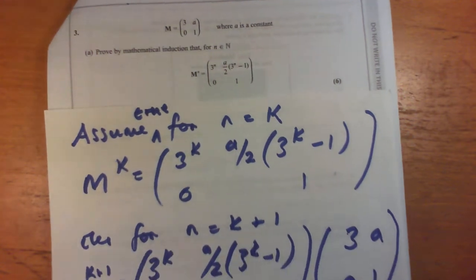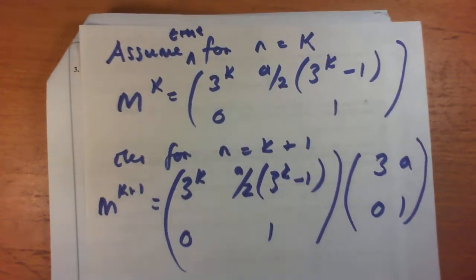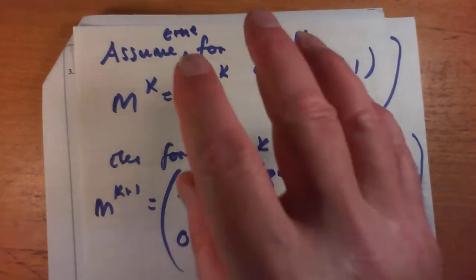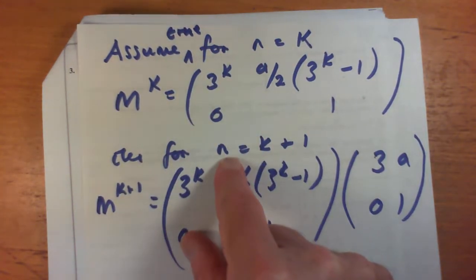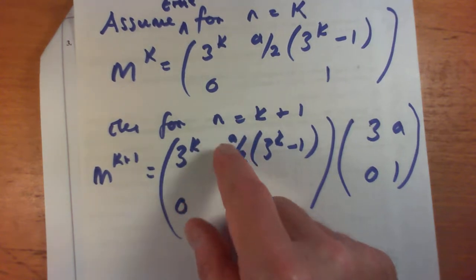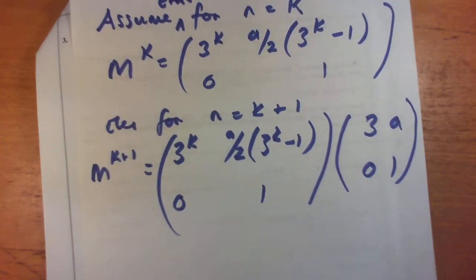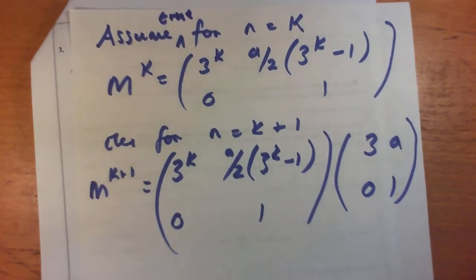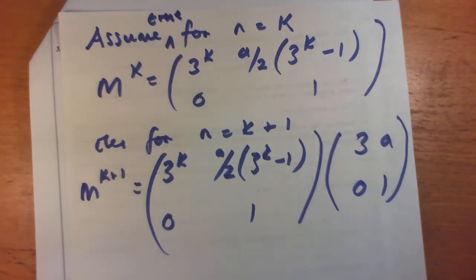And somewhere along the lines here, you need to include a conclusion. Sometimes the expressions you put down do suffice, but the conclusion would be, to me, two sentences. The first sentence would be, we've assumed that it's true for n equals k, and thereby proved that it's true for n equals k plus 1.